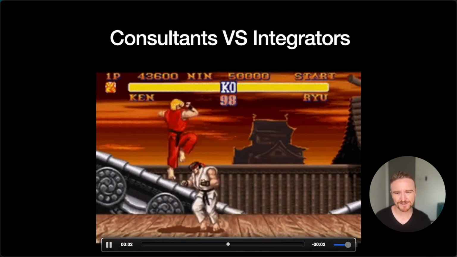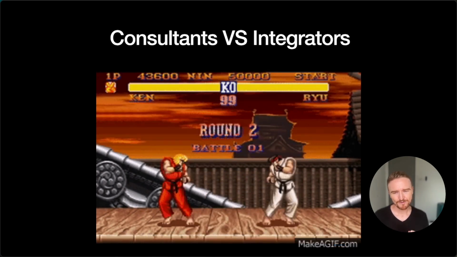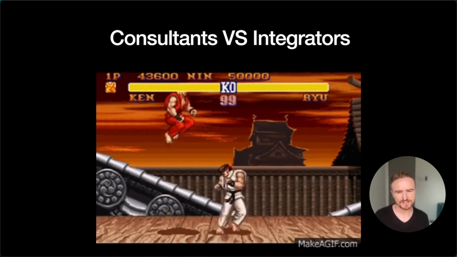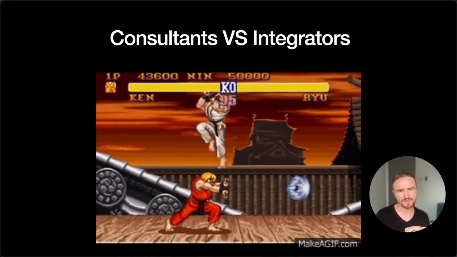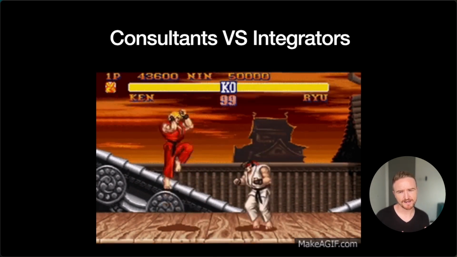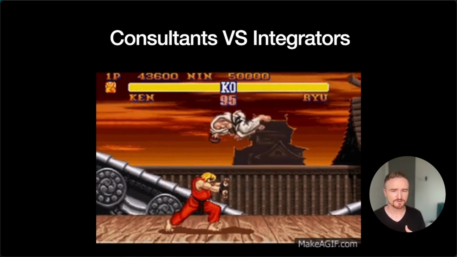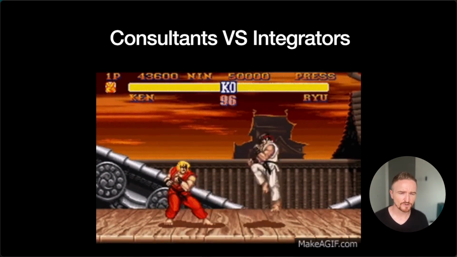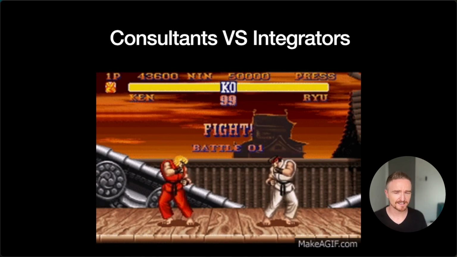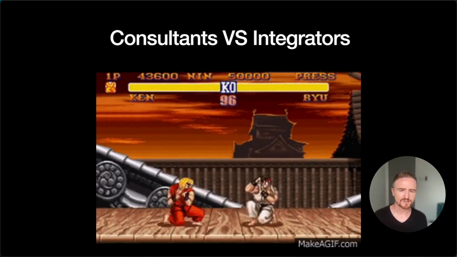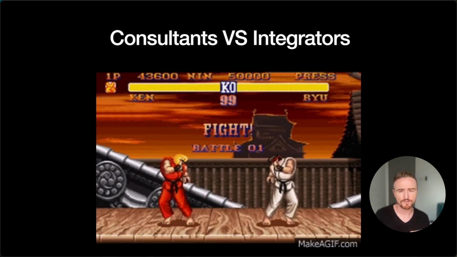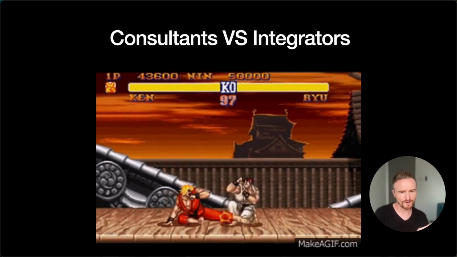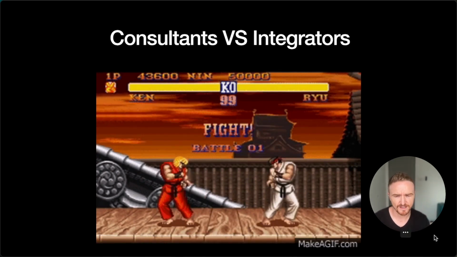Now, consultants versus integrators. Both consultants and AV designers play a part in the design process, and how much each party contributes differs on a project-to-project basis, but the consultant should be giving the integrator a clear understanding of what's required, and the integrator should be collaborating on the proposed design to review it, find enhancements and cost efficiencies.